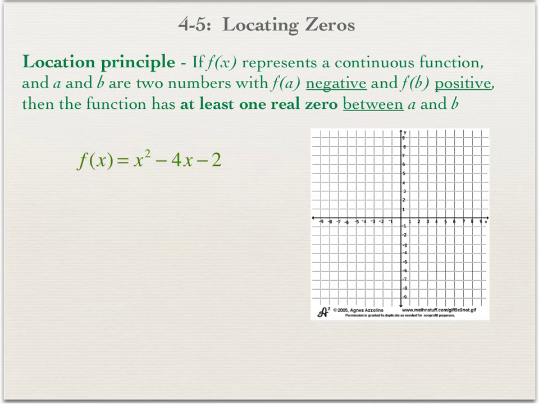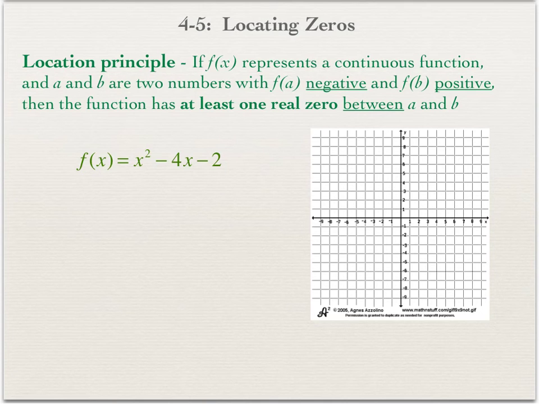So if the y value of one of these was negative and the y value of the other one was positive, that means that there must be some real zero, at least one of them, between a and b. And it makes sense, I think, if we actually graph this out a bit.